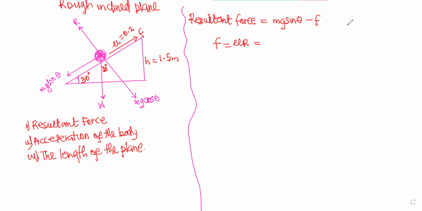And since normal reaction R is equal to mg cos theta, we'll have this to be mu mg cos theta. So let's find the friction. We already have calculated the unbalanced force mg sine theta. So F would be equal to 0.2 times 50, the mass is 5, gravity is 10, times cos of 30 degrees.